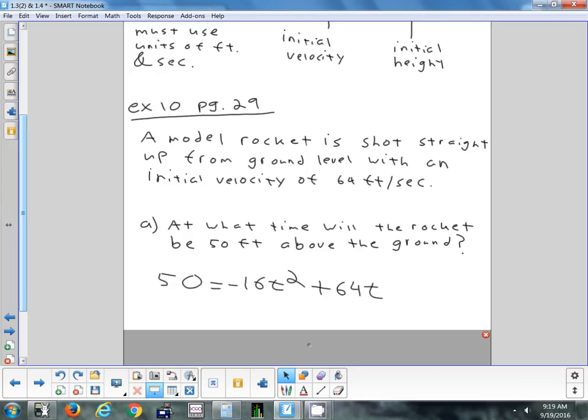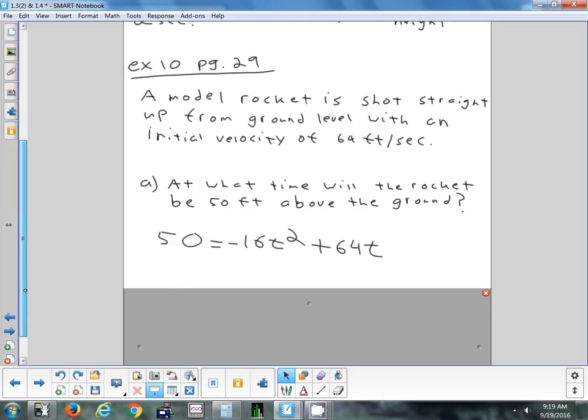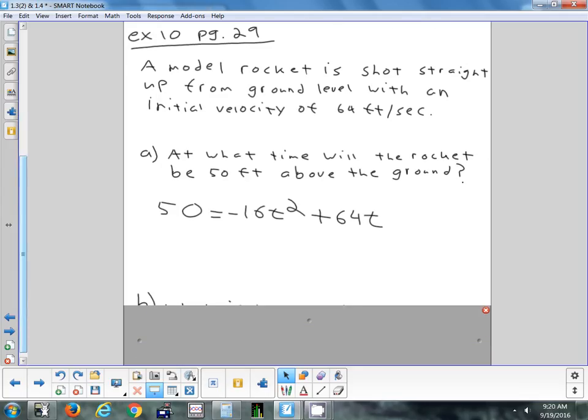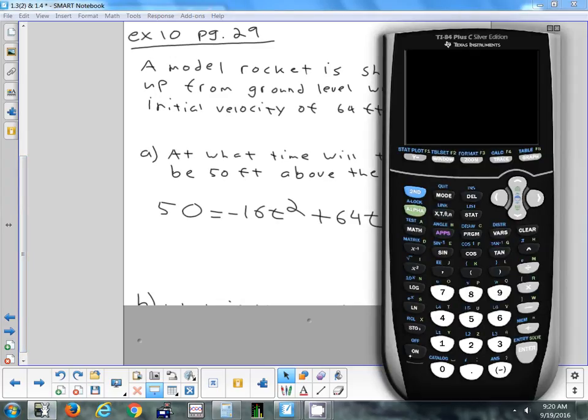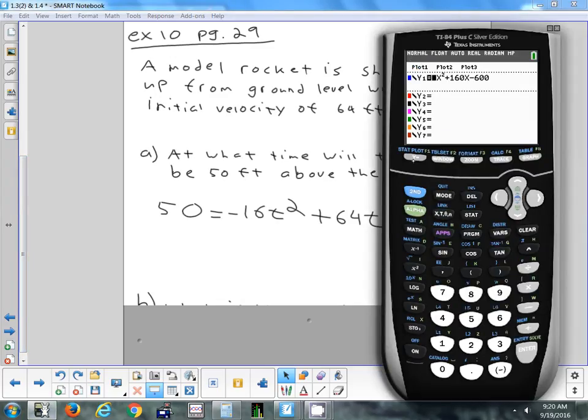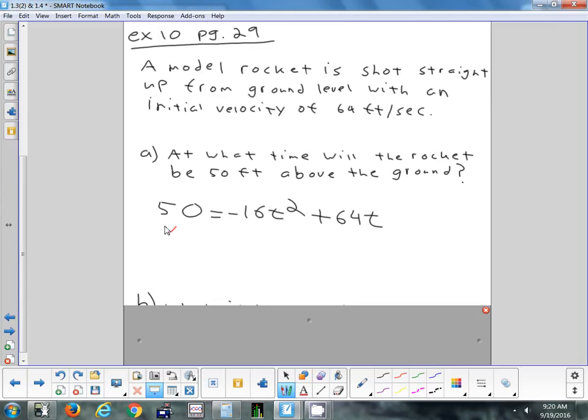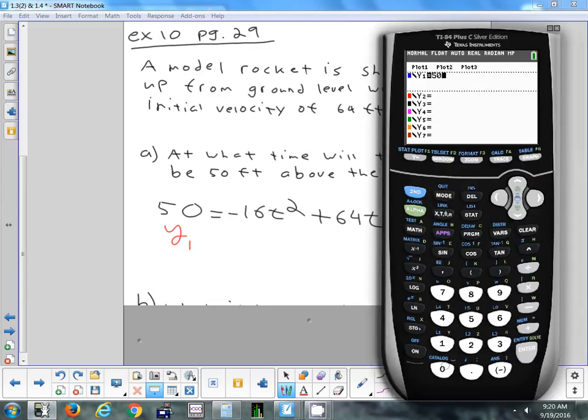Now I could solve this problem just like we did the last one. This is a quadratic. Bring everything to one side, use your quadratic formula. This time I'm just going to do it graphically. The way I'm going to do it is take what's on the left and plug that into y1, 50.